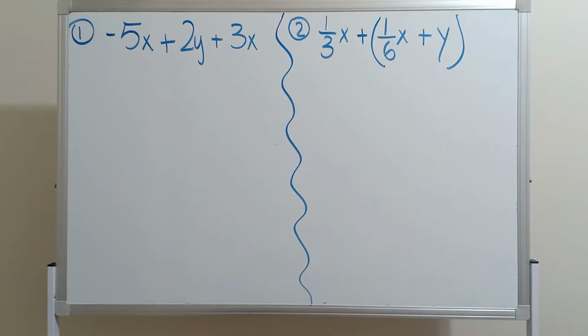Okay, so here we have two expressions, and we are going to write equivalent expressions by combining the like terms. Let's do the first expression, which is negative 5x plus 2y plus 3x. Let's see if we have any like terms here.